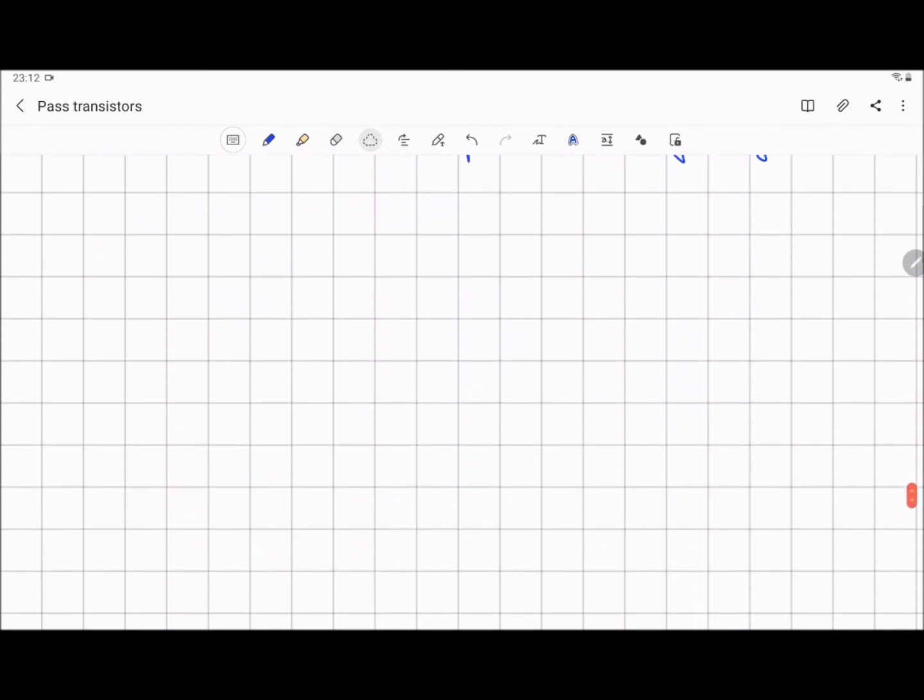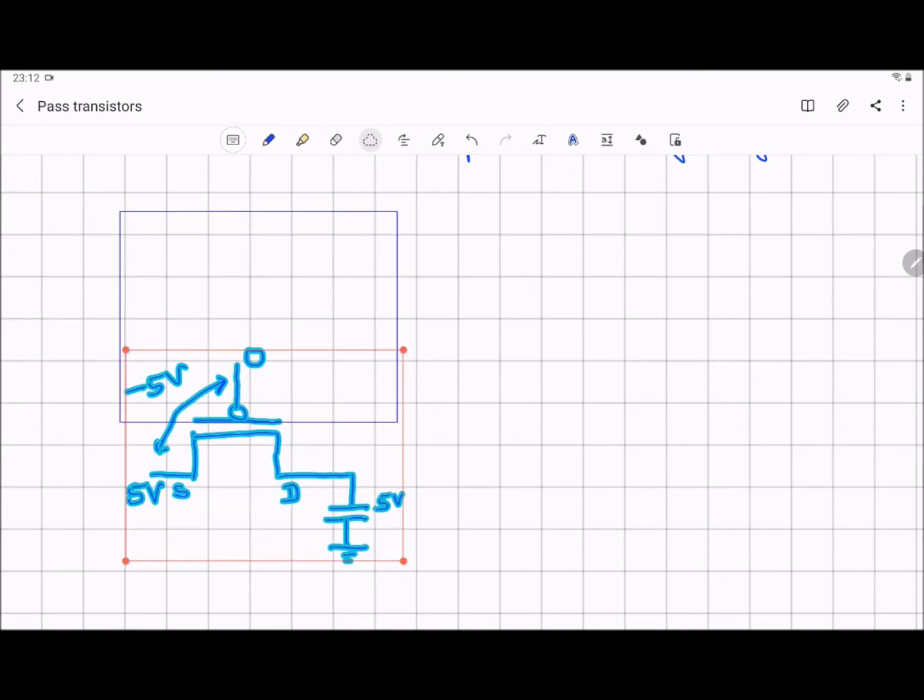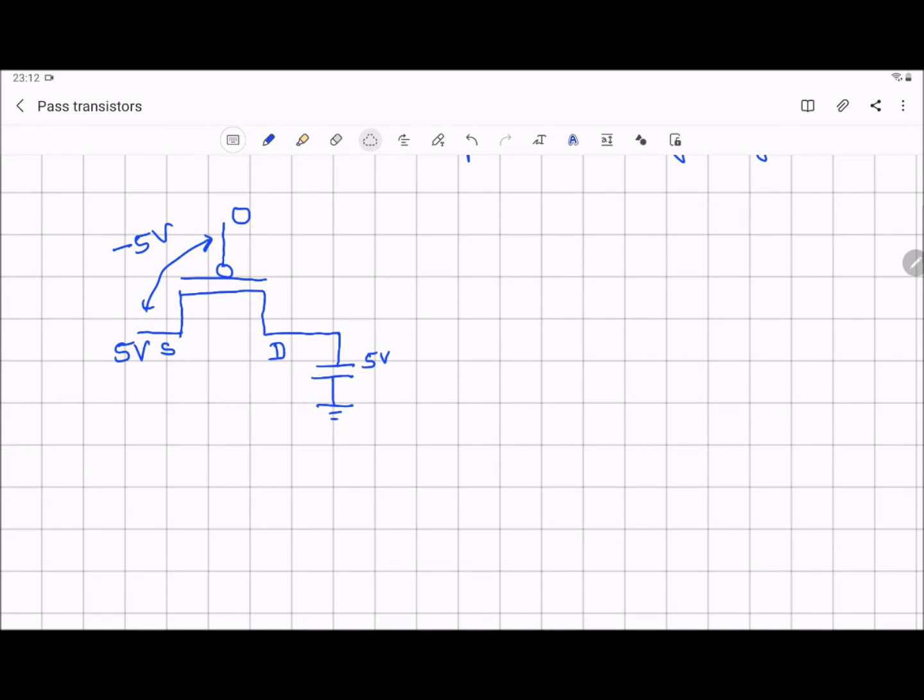Now let us take the given circuit. Copy this. Now instead of 5 volt, I am changing this voltage to 0 volt. In this case, the terminal where the capacitor is connected is going to act as a source terminal, and the terminal where the 0 volt is connected is going to act as a drain terminal.